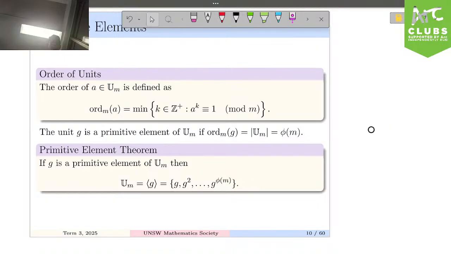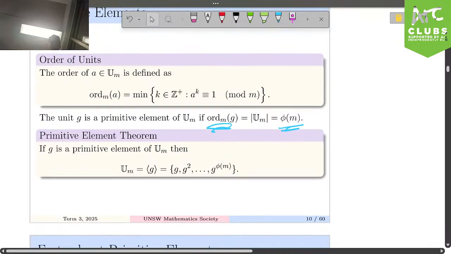Firstly, its order is equal to phi of m. So its order is the same as the number of invertible elements. And that makes sense, right? If an element is primitive, and I can multiply it onto itself to get every invertible element, then the order of that element must be the number of invertible elements, because I'm multiplying onto myself and I'm getting every single one. All right, so that's what a primitive element is.